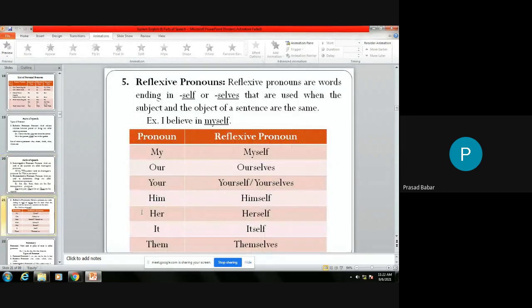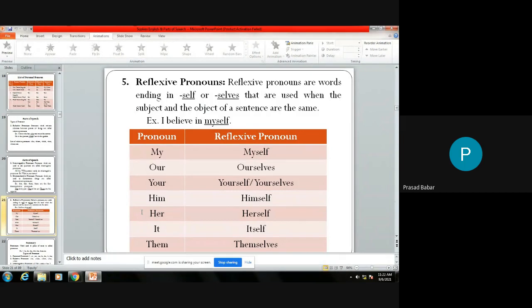The fifth type of pronouns is the reflexive pronoun. So we'll see its definition. Reflexive pronouns are words ending in self or selves that are used when the subject and the object of a sentence are the same.